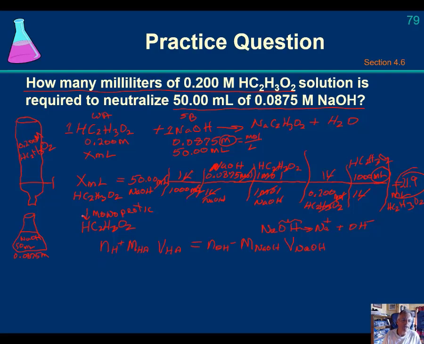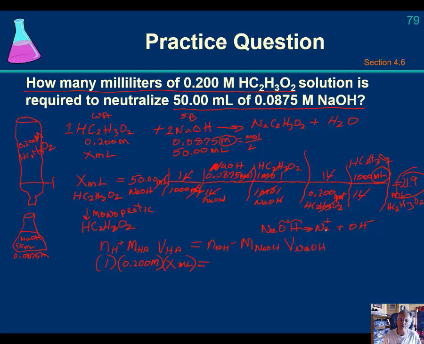So if I put the right values for everything in here, let's see what my result is. I've already determined this is a monoprotic acid, so the number of moles of hydrogen ion available per mole of acetic acid is 1. The concentration of the acetic acid that's given in the problem is 0.200 molar. And then the volume of the acetic acid, well, that's what we're looking for. We're looking for X milliliters of the acetic acid. Now, let's look at the sodium hydroxide.